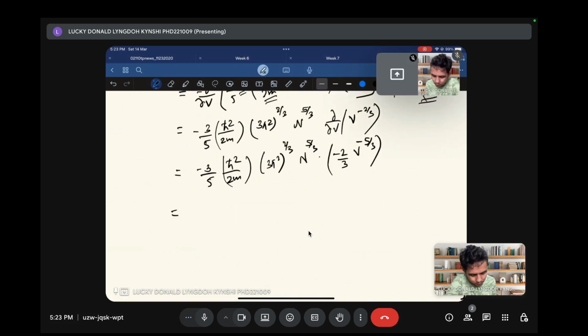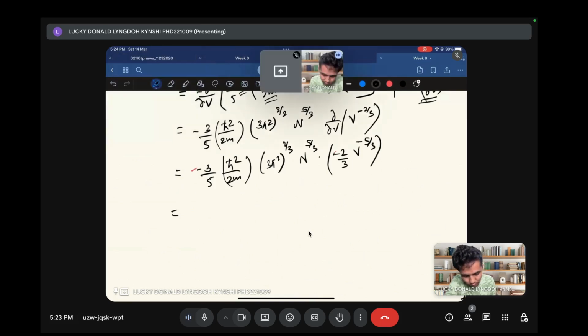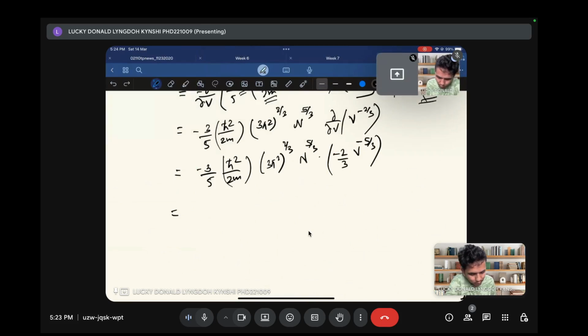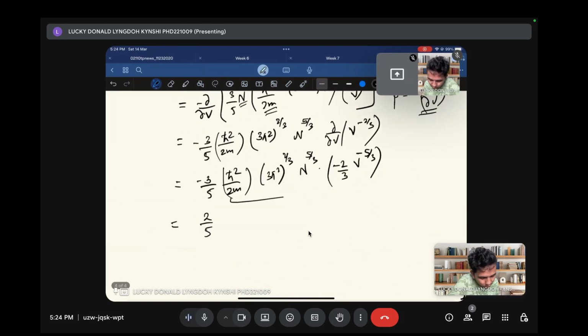Now what is happening here is that this negative sign and this negative sign will be gone. 3 and 3 also get cancelled, so you will have only 2 divided by 5. And it's also interesting here that you can replace this equation with simply n by v EF.